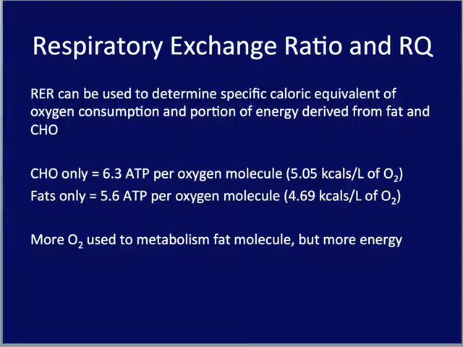With carbohydrates, we get 6.3 ATP, those high energy phosphates, for every oxygen molecule, which is equal to approximately 5.05 kilocalories for every liter of oxygen consumed. If we look at fats, we only get 5.6 ATP for every oxygen molecule, which is about 4.7 kilocalories per liter of oxygen.